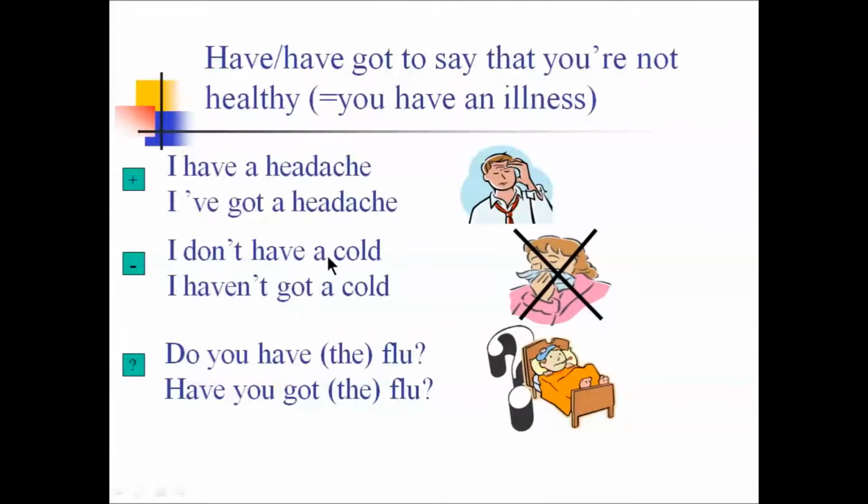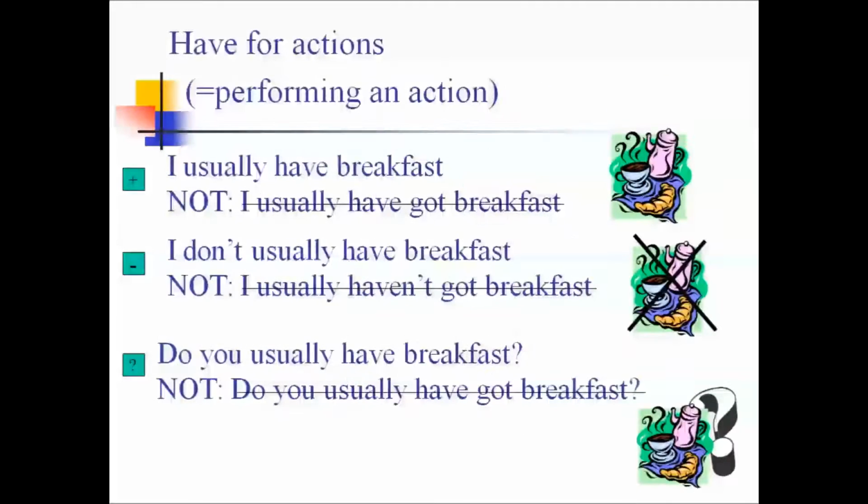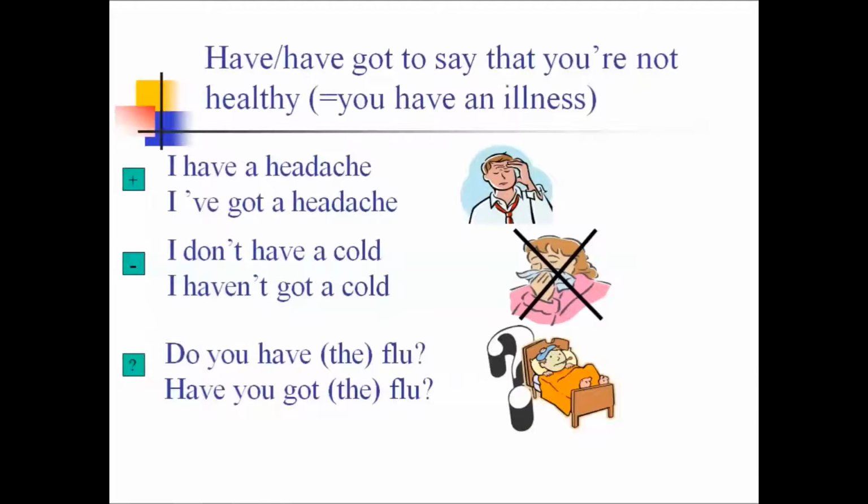Do you have flu, or have you got flu? They are showing your health. Are you healthy? You can use have and have got if you have some problems. For example, I've got a sore throat, or I have a sore throat. That's it. You see that? Okay. Think of a question and bring your question to the class.